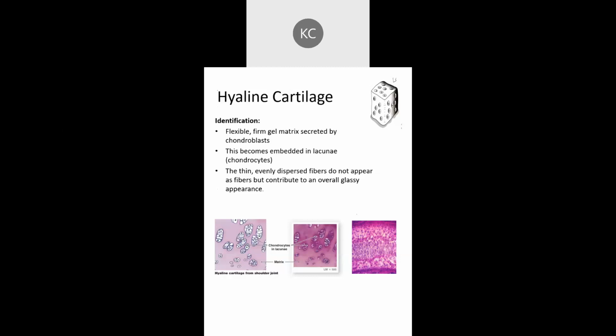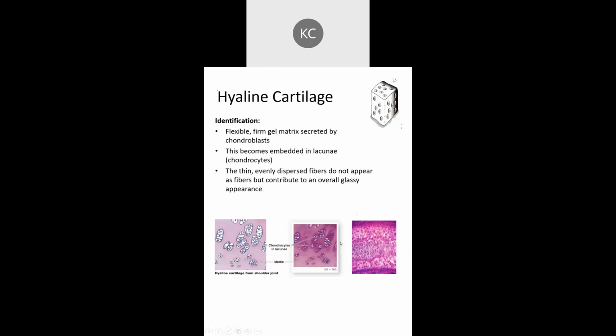It does not look very rough, and so sometimes it's referred to as having a glassy appearance. But sometimes the lacunae and the chondrocytes can aggregate, and they can stick together, if you will. If you look here in the schematic, you see that multiple lacunae with multiple chondrocytes all throughout have stuck together and joined together. And here in an actual histological image, you can see something that looks very similar to that.